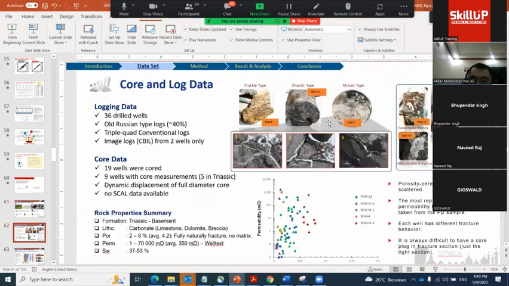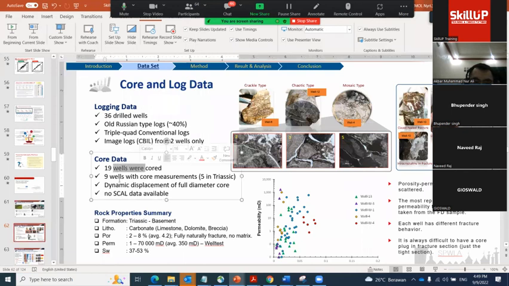We have really good core data. You can see that 19 wells have a port, but only 9 wells with core measurements, unfortunately, because the core is broken when we take the fractured basement core samples from the rocks.